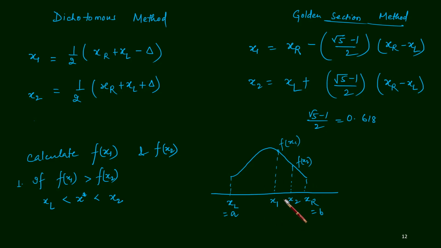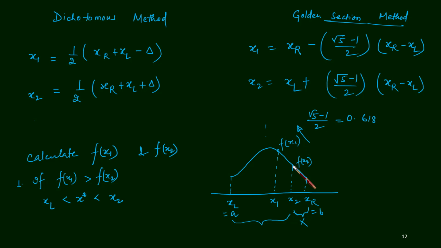Now we are going to shrink the interval. The interval will now be this part, and we have to check only this one. This part is excluded, we will not consider it. Why? Because fx1 is greater, so obviously when the function is increasing in this direction, the maxima you are going to get is in this direction only.